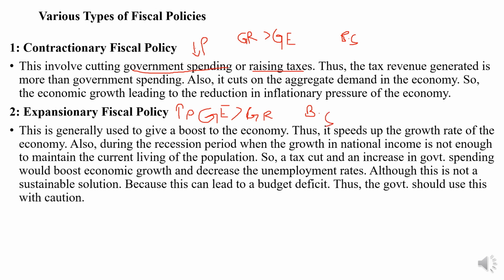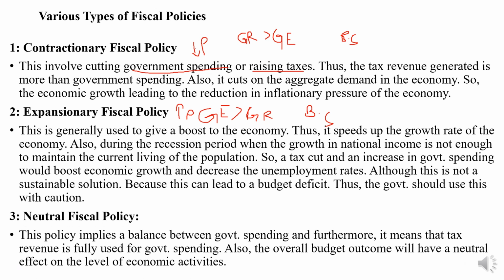The third one is the neutral fiscal policy. Neutral fiscal policy means there is a balance between the government spending and the taxes.